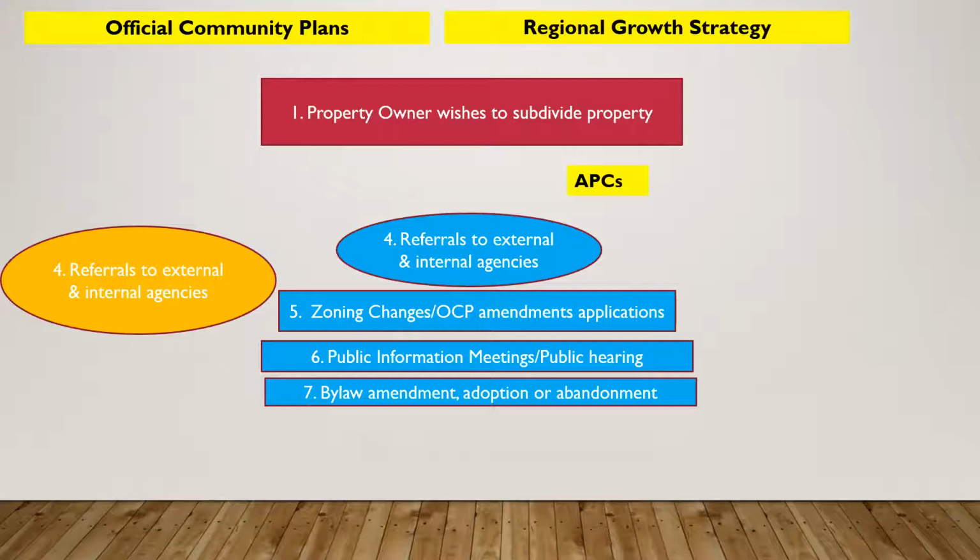So you can always send an email to the chair of an APC and find out more information. The agendas are all listed there as well, and you can find out more information and attend and listen to presentations as they're happening.